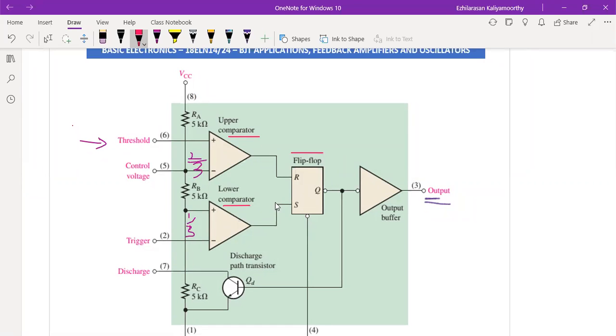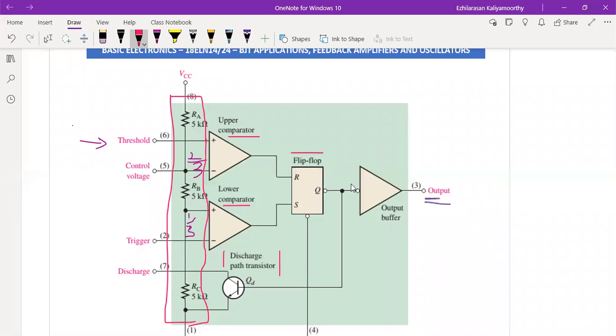About these flip-flops you will study in the next module. One more thing is a discharge transistor. And one more part is the voltage divider. This portion is the voltage divider circuit. So the 555 timer consists of a voltage divider, comparators, discharge transistor, the flip-flop, and the output buffer.